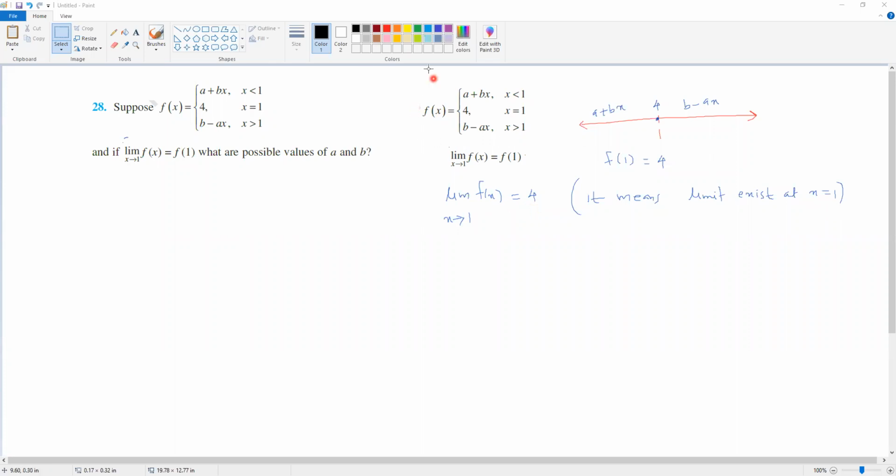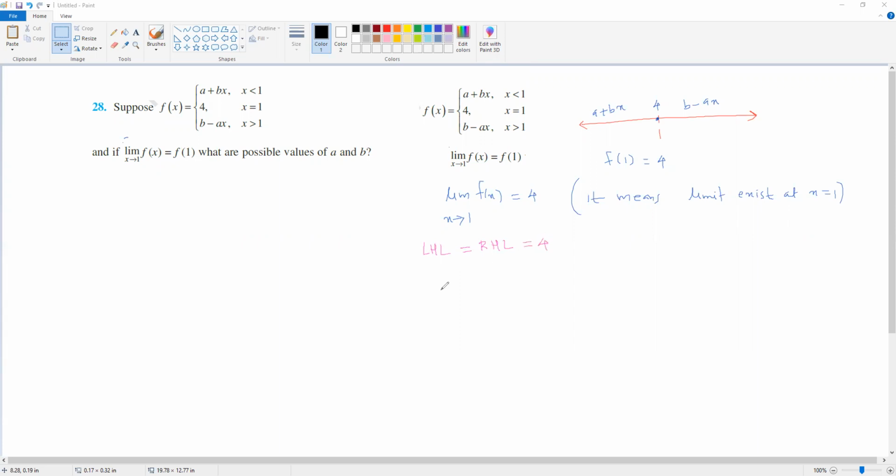What is the meaning of limit exists? Left hand limit exists, right hand limit exists, both are equal, and that is equal to 4.